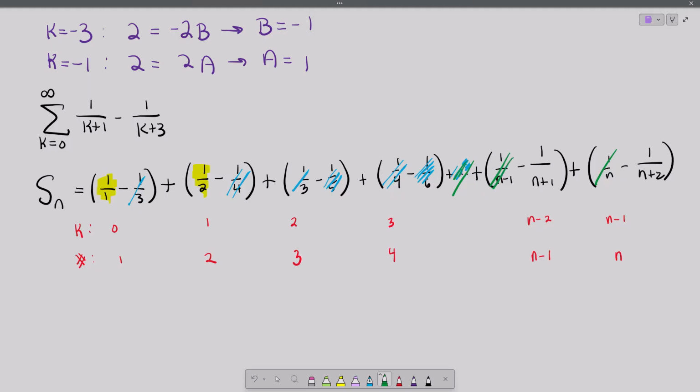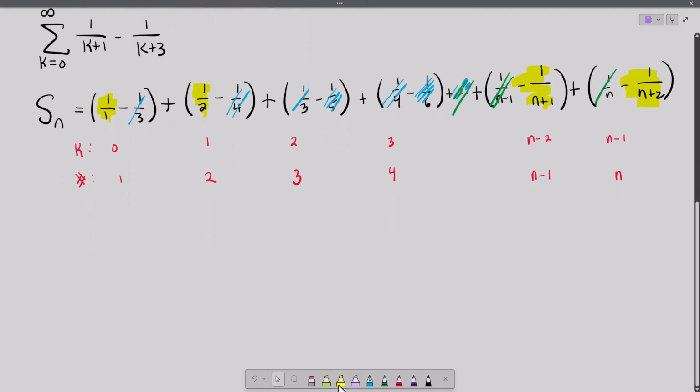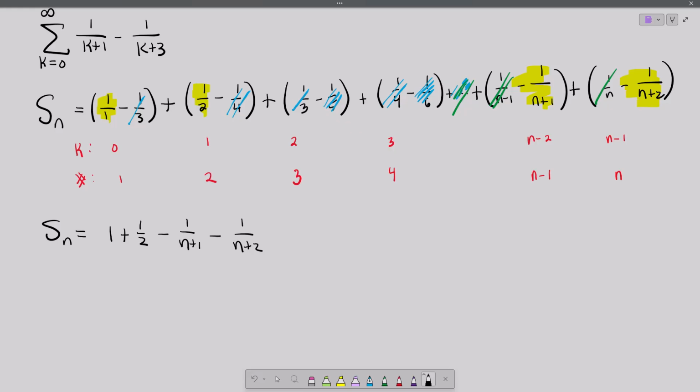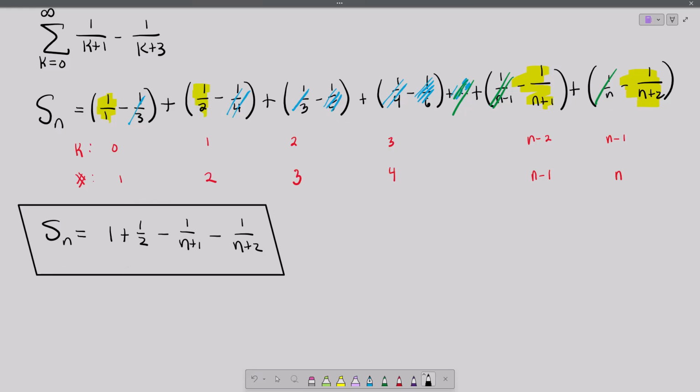So those two things are going to cancel with stuff in the middle. These are going to be the two pieces, the two parts that persist, that don't cancel with anything. So this tells us then that in a shorthand notation for our S sub n is that plus that minus that minus that. So there is S sub n. And you could write that as 3 over 2 for the sum of those two things.